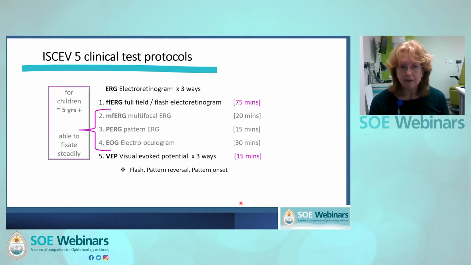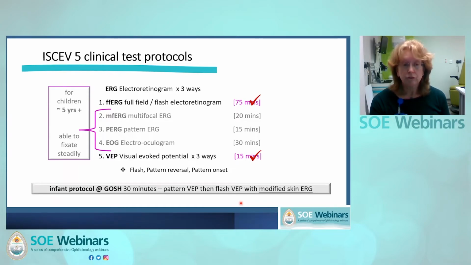The middle 3 here that are bracketed are probably suitable for children of 5 years or more who are able to steadily fixate and comply with instructions. So that leaves us with a flash electroretinogram, or ERG, and a visual evoked potential, or VEP. And at Great Ormond Street, or GOSH, we've got an infant protocol so that in 30 minutes, we can acquire information about pattern and flash VEPs with a modified skin flash ERG protocol.